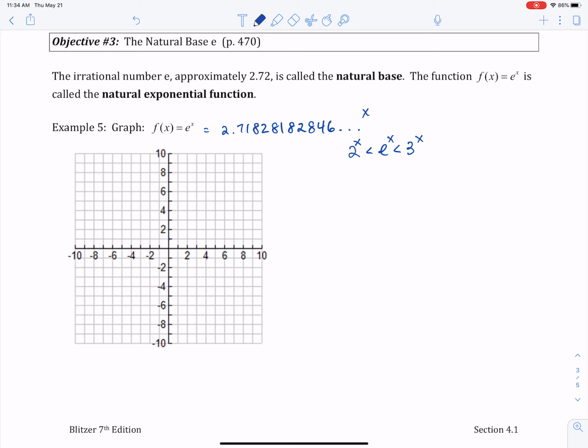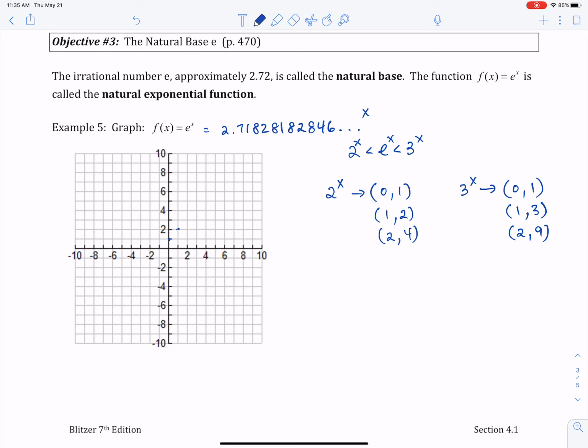So if I'm going to sketch the graph of 2 to the x, it's going to have the points for 0, it's 1, 2 to the 0 is 1, for 1 is 2 because 2 to the 1 is 2, for 2 to the 2 is 4. For 3 to the x, 3 powered by 0 is 1 again, 3 powered by 1 is 3, and 3 powered by 2 is 9.